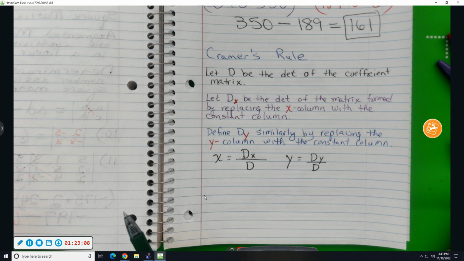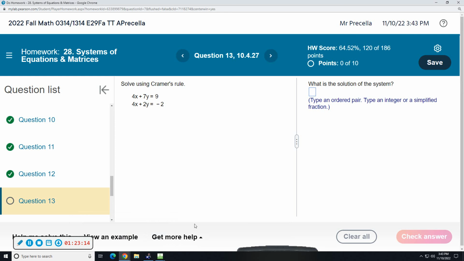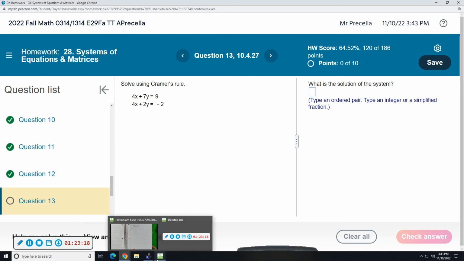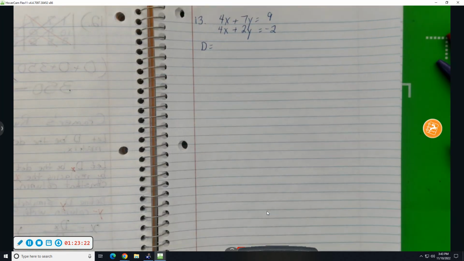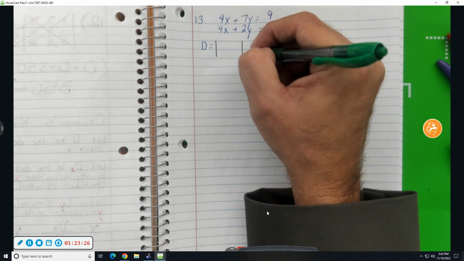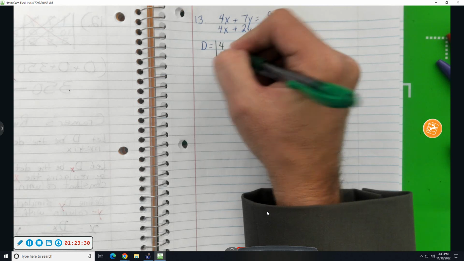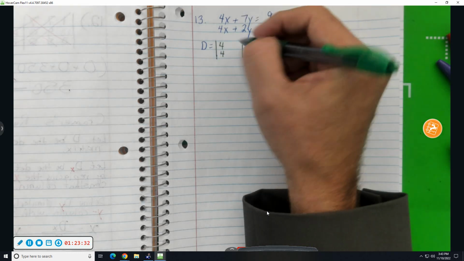It's good to say it. Okay. So write out the four coefficients. The x coefficient, that's 4, 4, that's the x column.